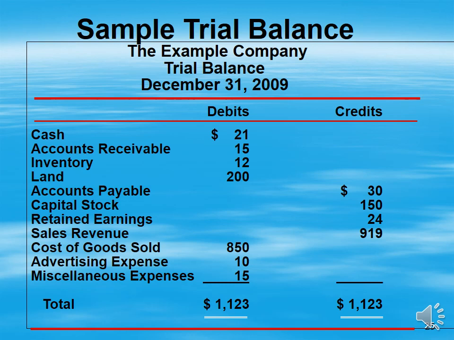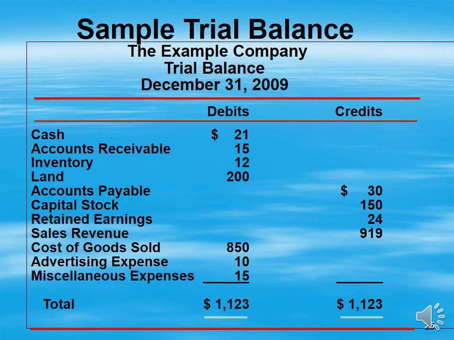So this business has 11 accounts. So in the trial balance, the business has to list or show all the accounts with the balances of the account.